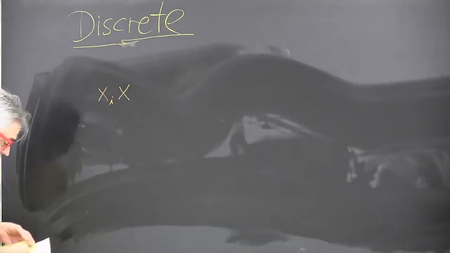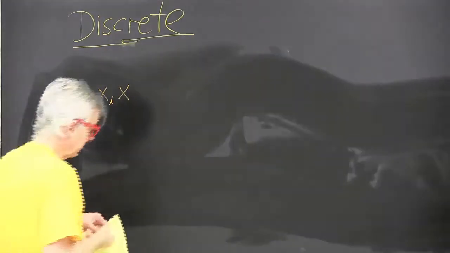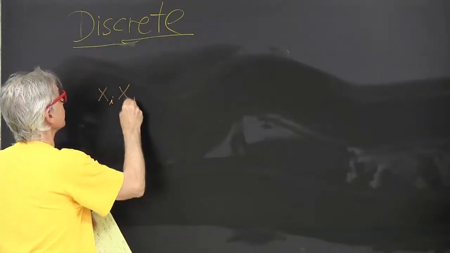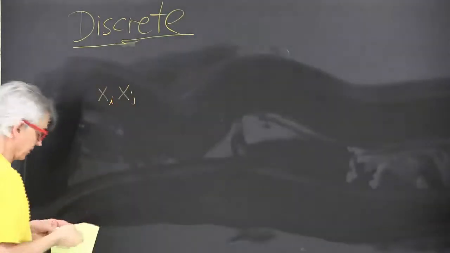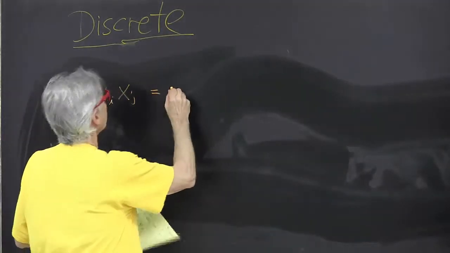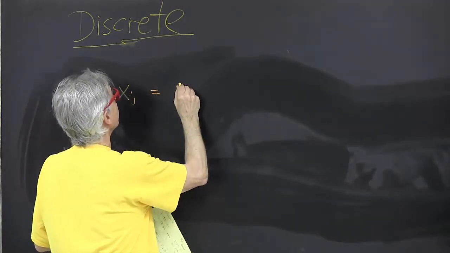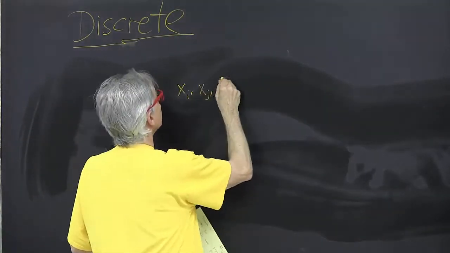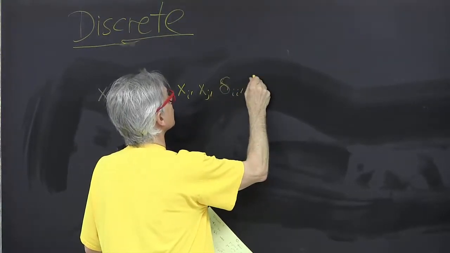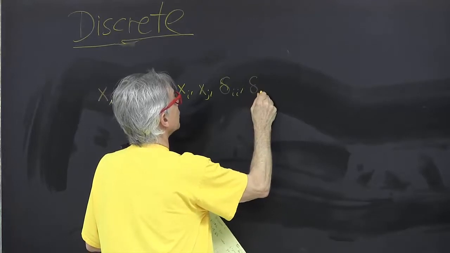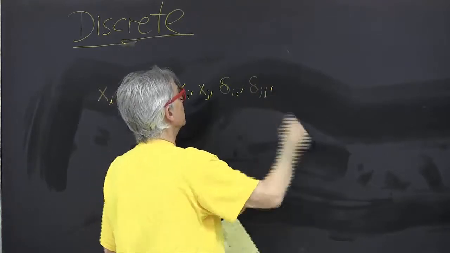Consider something that depends on components of x in this form, x_i x_j. If you average over this, what's going to happen? I can write this as a Kronecker delta of i prime, Kronecker delta of j prime.